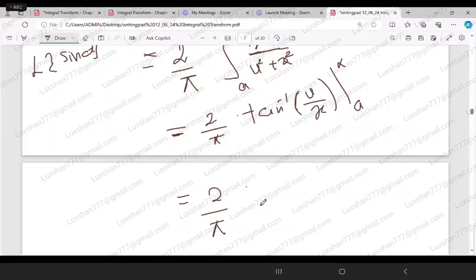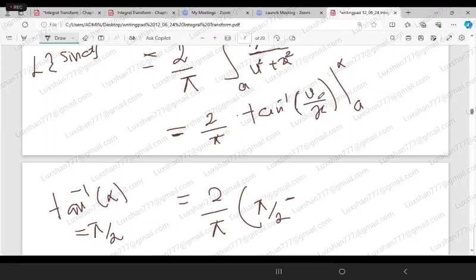So this comes as 5 by 2 because tan inverse infinity equals 5 by 2. Okay, so 5 by 2 minus, you have to substitute for u, you get here tan inverse a over x.